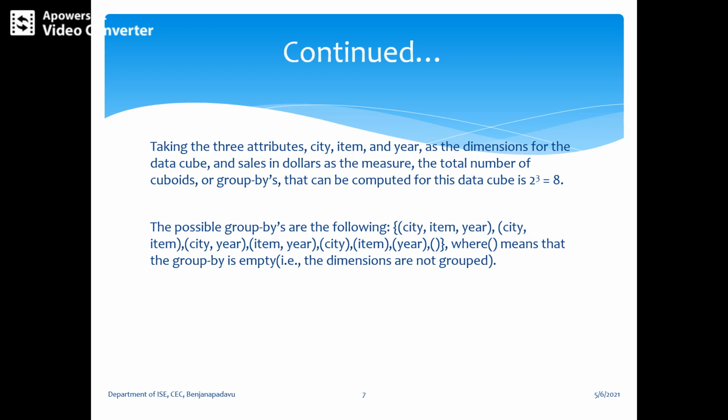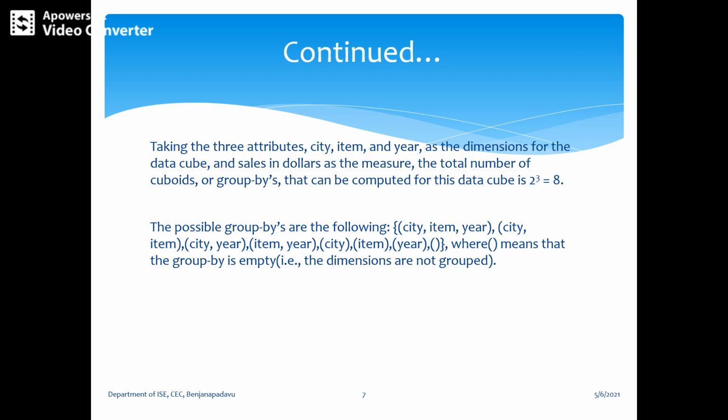Here we take three attributes: city, item, and year, as the dimensions for the data cube, and sales in dollars as the measure. The total number of cuboids, or group bys, that can be computed for this data cube is 2 to the power 3, equal to 8.